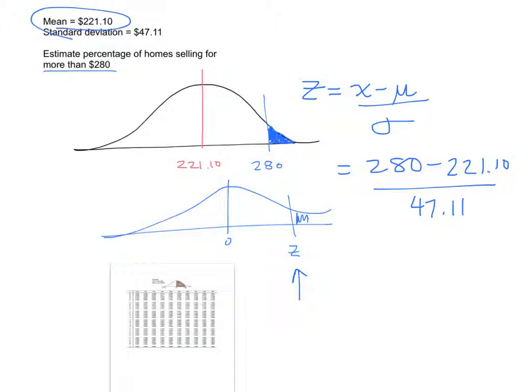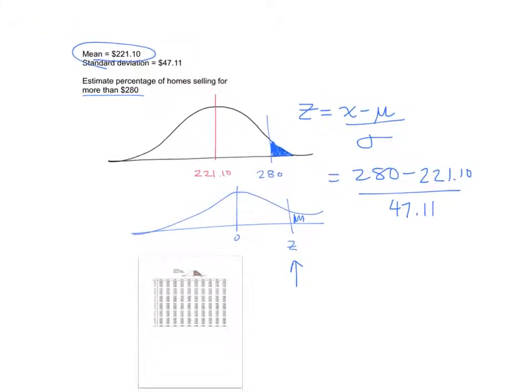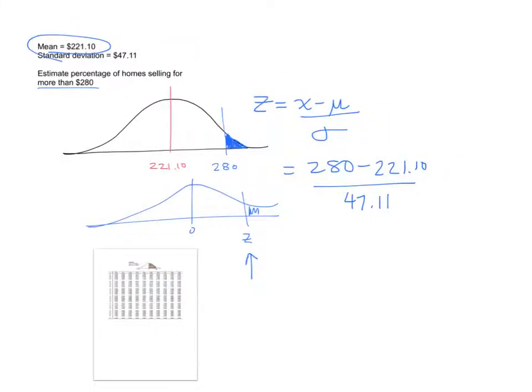So I have all this set up, I do my calculations, and I get 1.25. So this z value is 1.25, which says I'm greater than one standard deviation above the standardized mean.